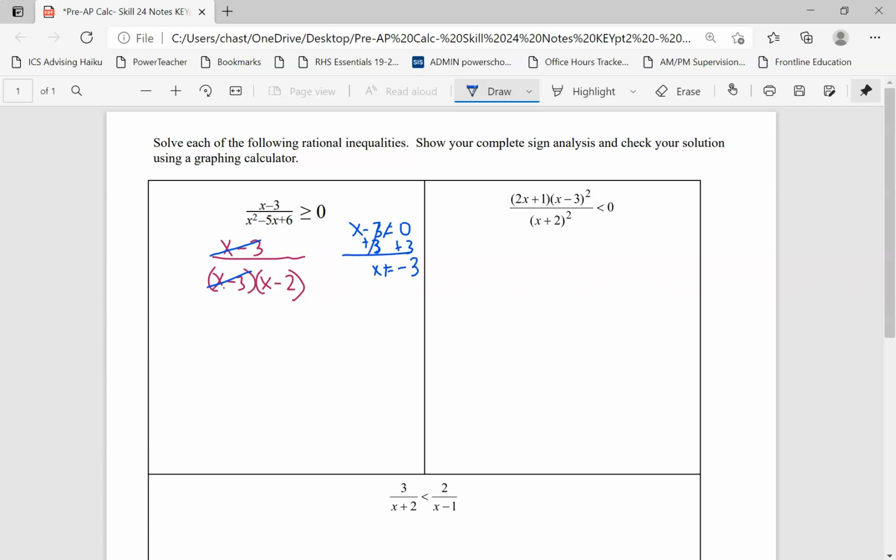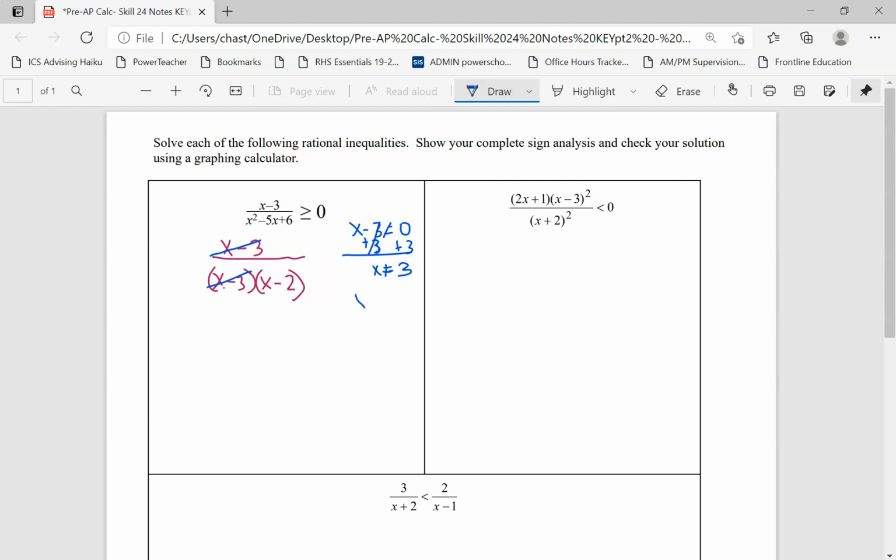So x cannot equal, oh, that wouldn't be negative 3, it'd be 3. Sorry. So x cannot equal 3. So when we do our number line, we'll have to make sure that we take that point out. If we were looking at a graph of this rational function, there'd be a hole at that point.